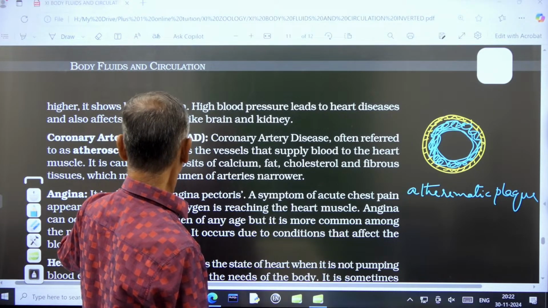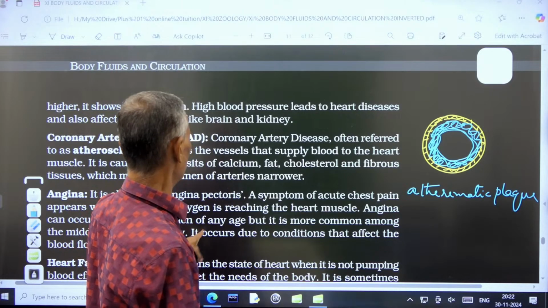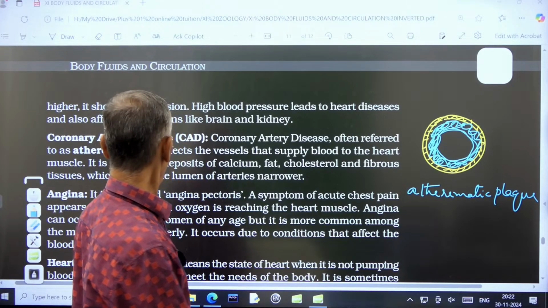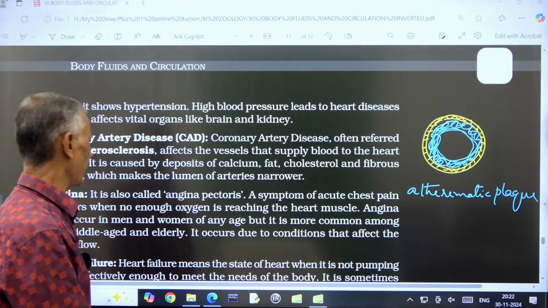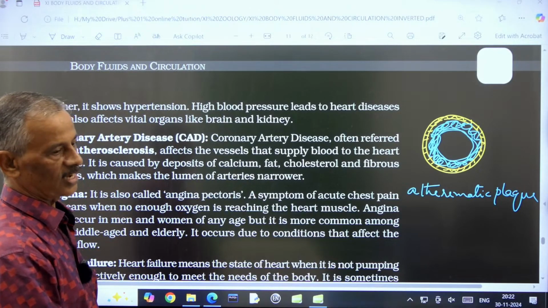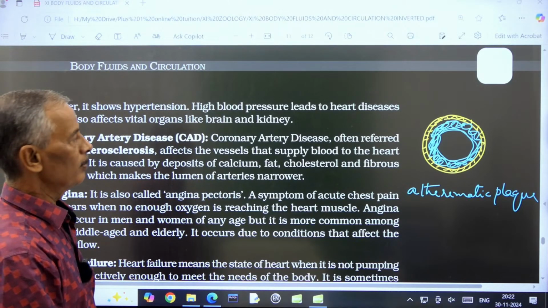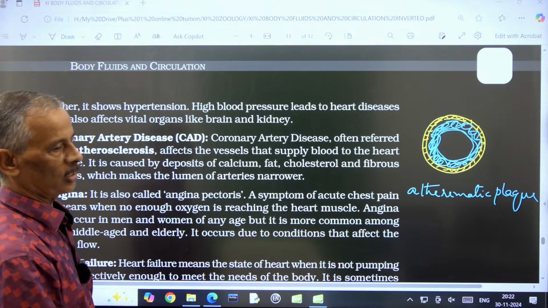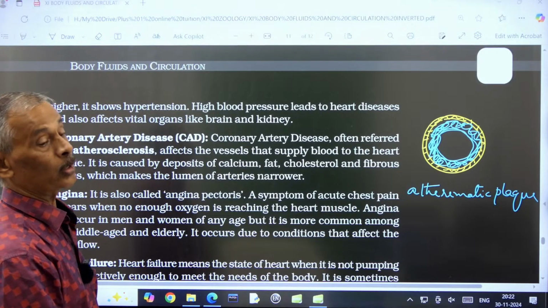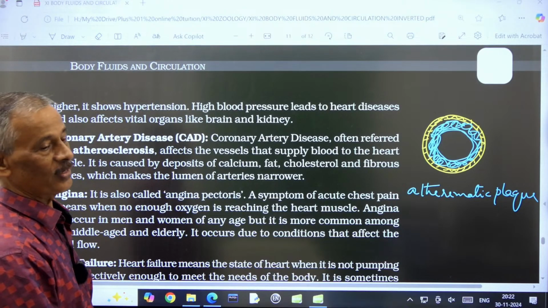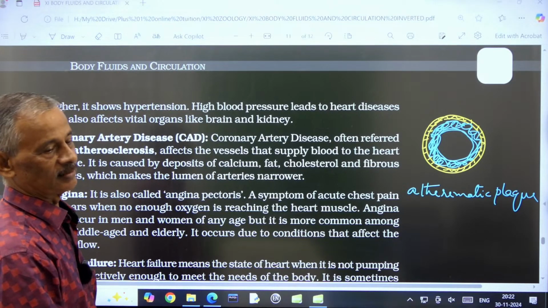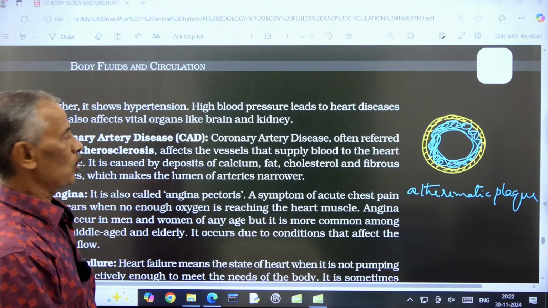Angina occurs in both men and women of any age, but is more common in middle-aged and elderly people, because as age advances, there will be more and more deposits of cholesterol, especially when you are having more cholesterol. That is why people check their blood for cholesterol.